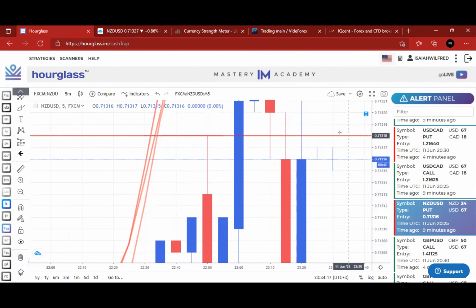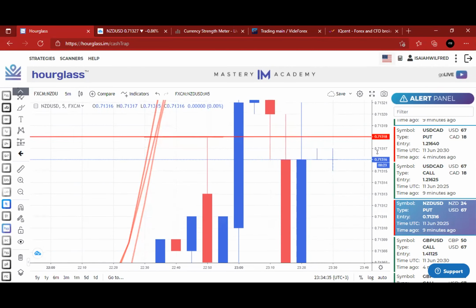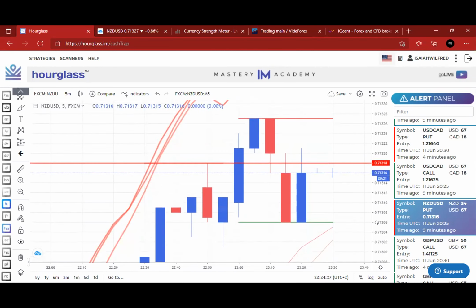You can see that it came up to an extent and it dropped. But I would have waited for price to come towards this area before I take it for a sell. So this red candle here is where I would have waited.